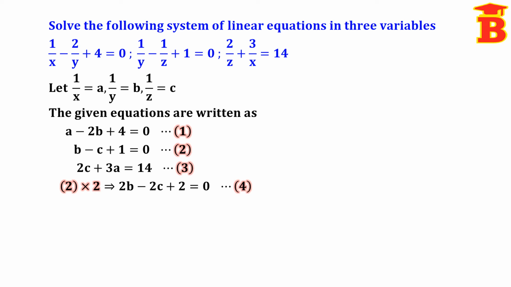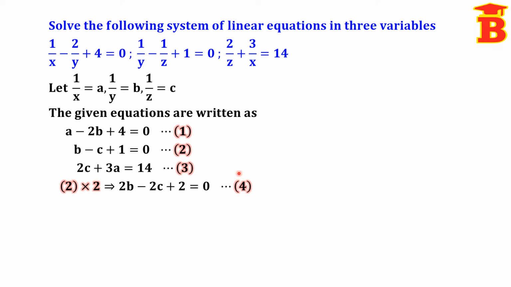So second equation multiply by 2. Then only we can get 2b, because in first equation we have the term 2b. So that is why we multiply second equation by 2. So we get 2b minus 2c plus 2 equal to 0. Take it as equation 4.